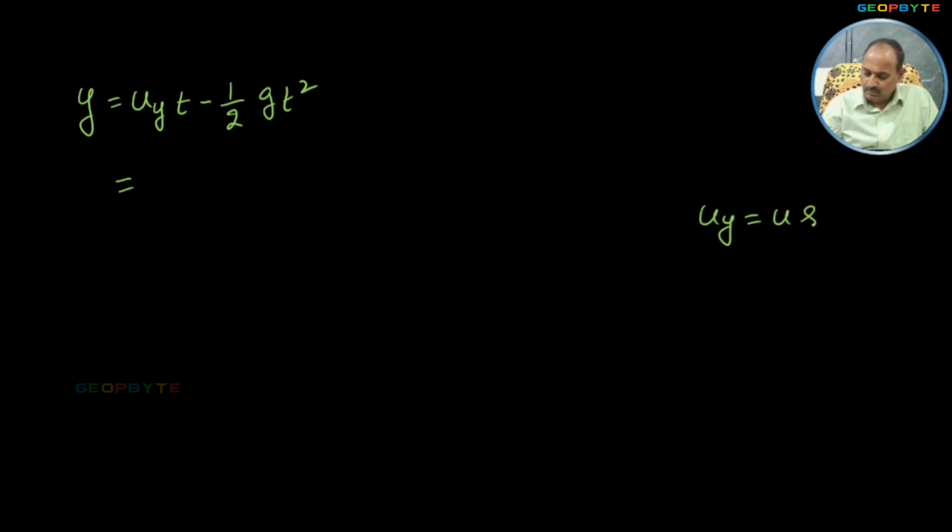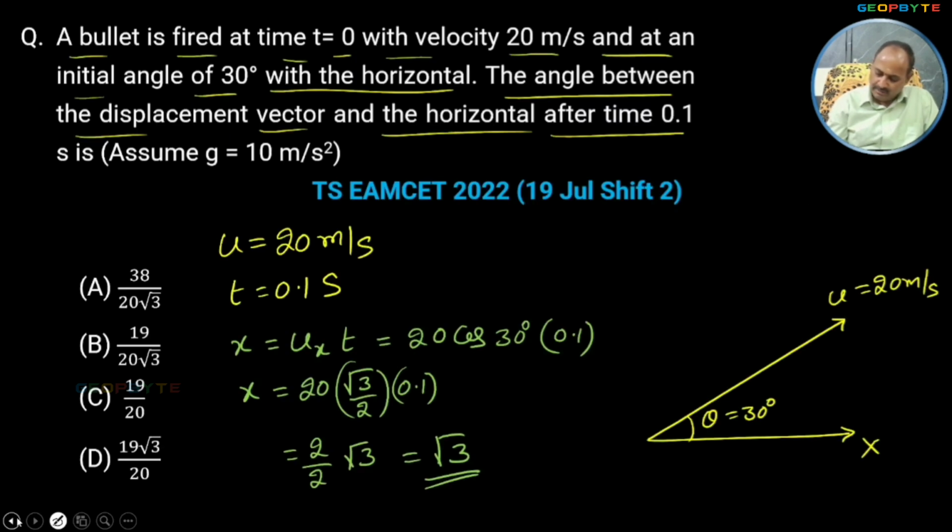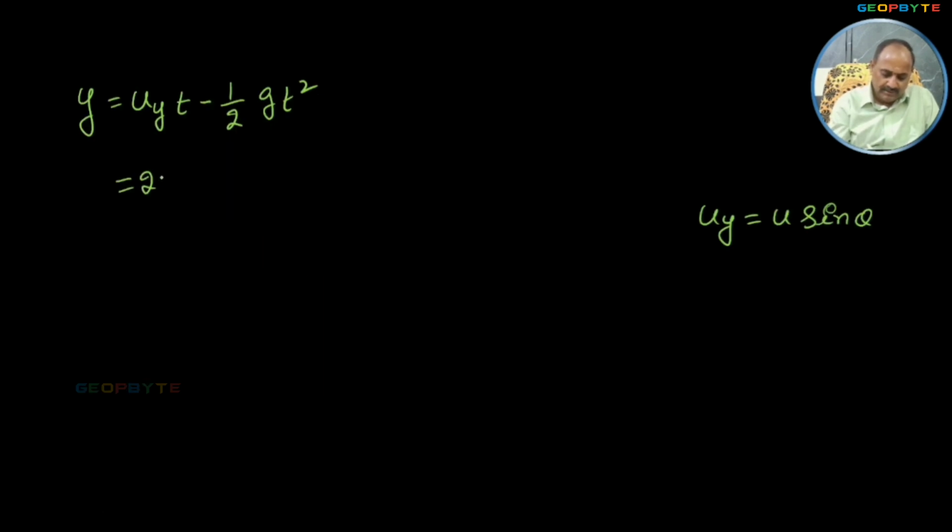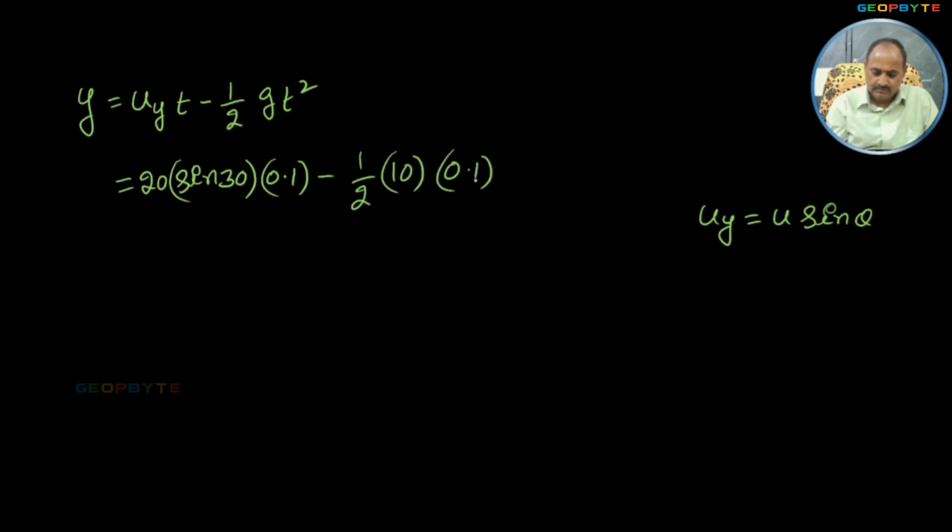Similarly the y value. Y equal to velocity along y direction into time minus half g t square. Velocity along y direction equal to u sin theta. What is the u value? U is 20, theta 30. 20 sin 30 into t, t equal to 0.1, minus half into g, 10, into 0.1 whole square.